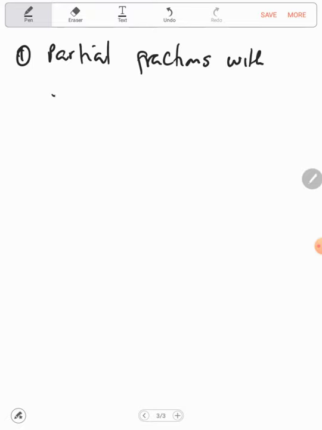Okay, so these are some of the rules that you have to take note of when resolving partial fractions. There are types of partial fractions. The first one is partial fractions with linear factors.